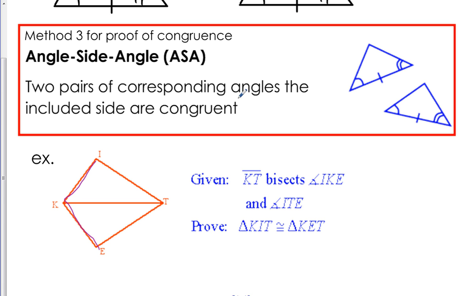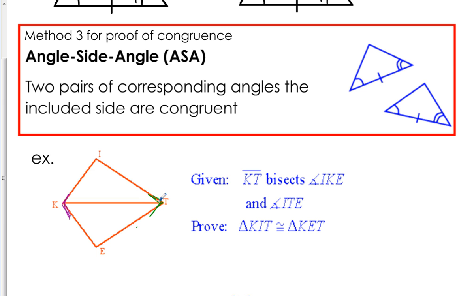And it also bisects this angle over here, ITE. What I should do is just have the angle notation. So what we're saying is that KT bisects this angle, which is IKE, and it also bisects this angle, which is ITE.